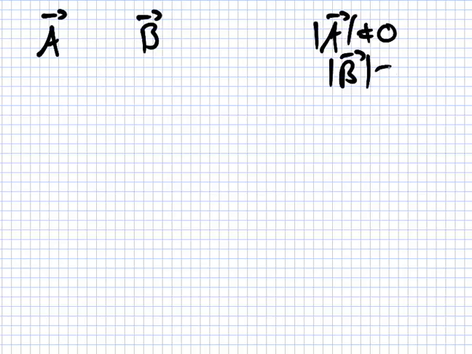Okay. What type of vectors are these? What are they called? We've only done 2 types. First type we did was Euclidean.